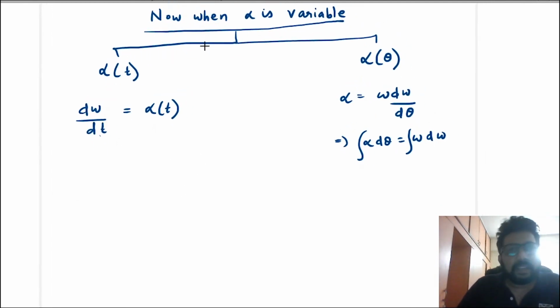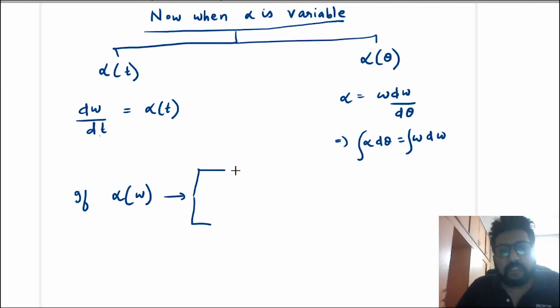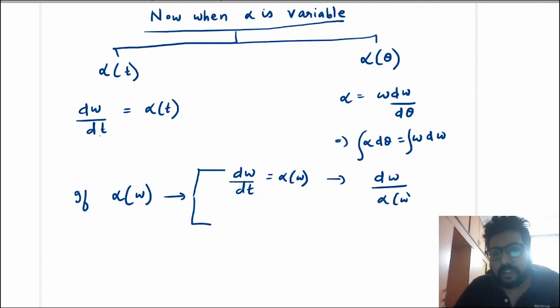If alpha is a function of velocity, if alpha is a function of omega, then you can use either of the two depending on what they have asked. That is, d omega by dt is equal to alpha as a function of omega. That means d omega upon alpha as a function of omega is equal to dt. You can integrate and put proper limits.